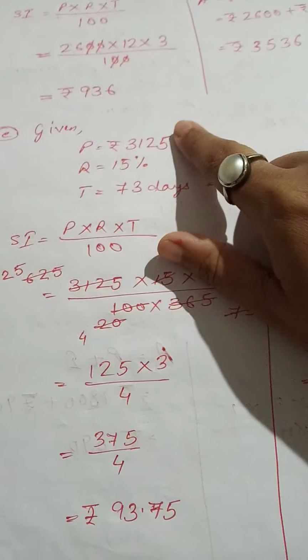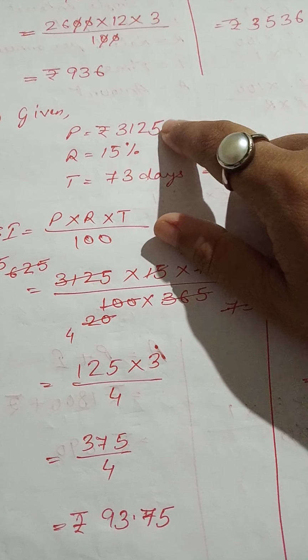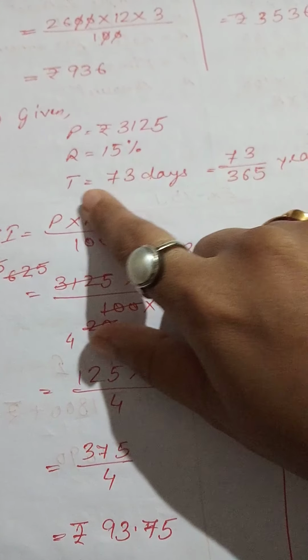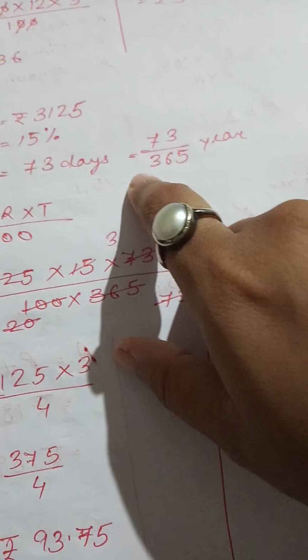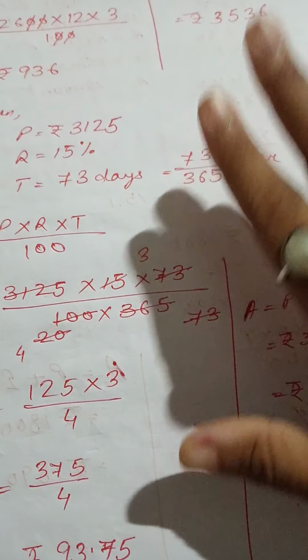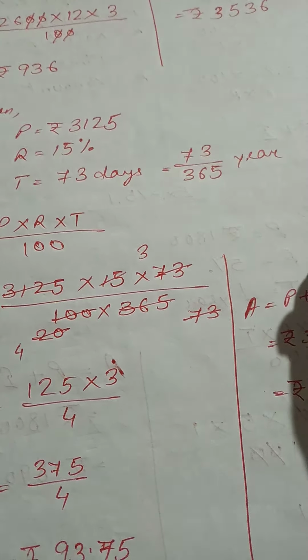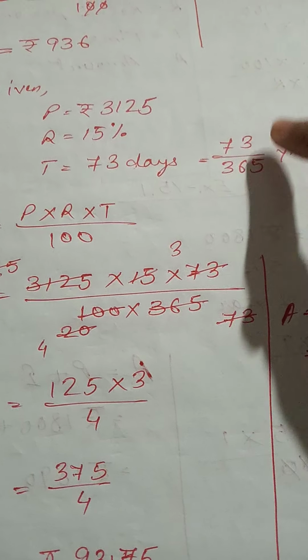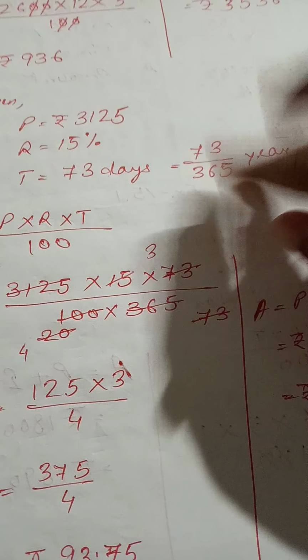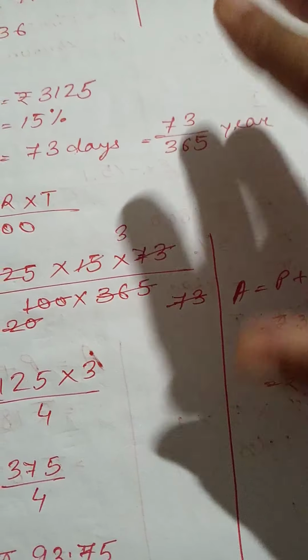So what we will do is, at first we'll write all the given. P equals 3125, R 15%, T is 73 days equals, since it is days, we all know 1 year equals 365 days. So we'll divide 73 by 365. You do not need to do the actual division right now, just write down 73 by 365 year.